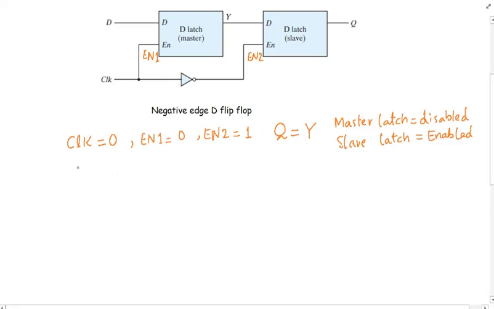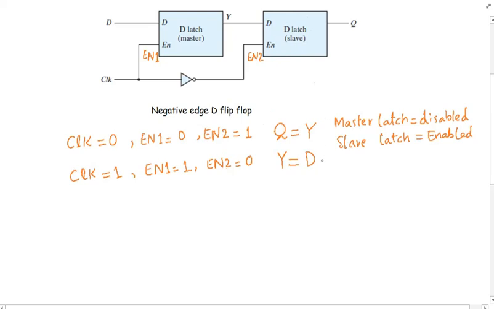Now in the second case, if the clock signal changes to a level 1, in this case enable 1 is equal to 1, enable 2 is equal to 0, and because enable 1 is equal to 1, now this latch is enabled and output Y will be equal to whatever data is available at D. In this case, we have a 0 input to this latch because enable 2 is equal to 0 and this latch is disabled.